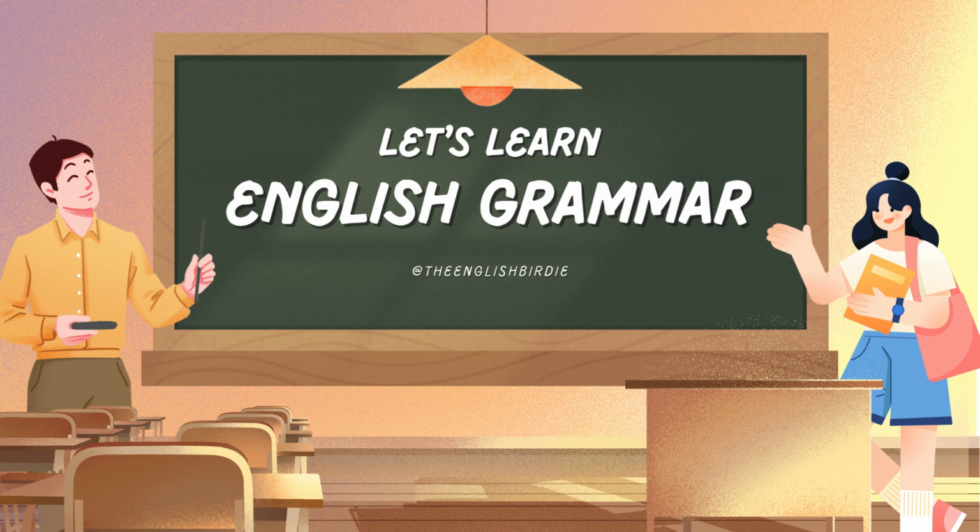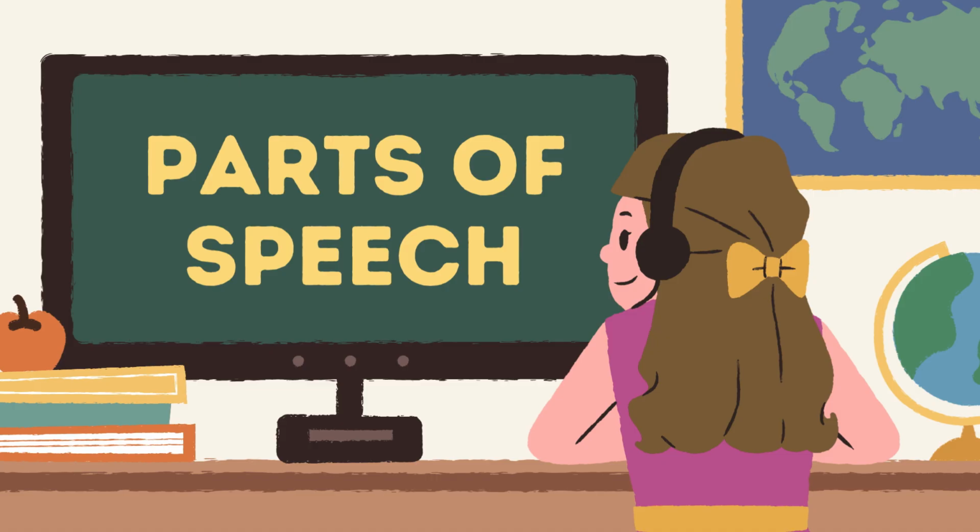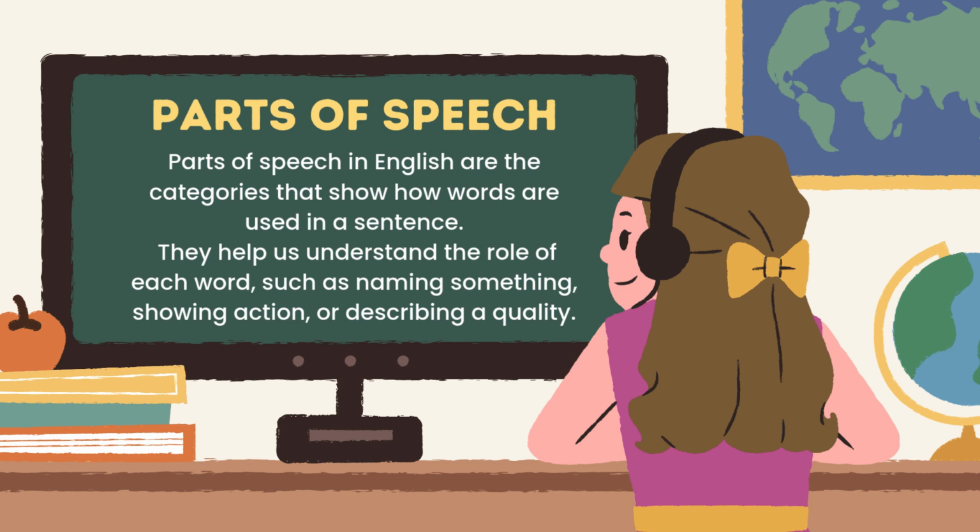चलो अब सीखते हैं कि इंग्लिश ग्रामर में क्या क्या होता है. फर्स्ट कम्स पार्ट ऑफ द स्पीच. इनका मतलब होता है वर्ड्स के टाइप. Parts of the speech in English are the categories that show how words are used in a sentence.